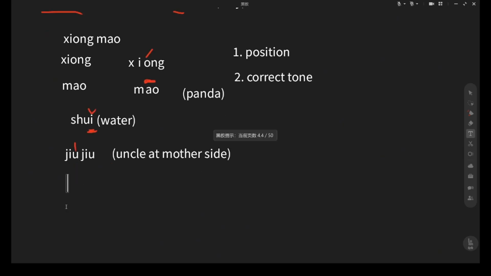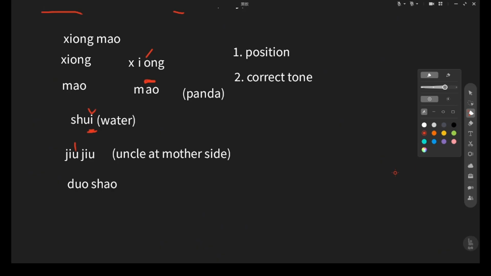Okay, so write pinyin on your notebook, okay? Okay, so I read it, okay? 多少 多少. Okay, so I mark it. First one is flat tone.